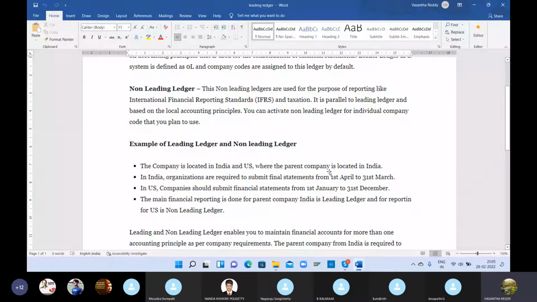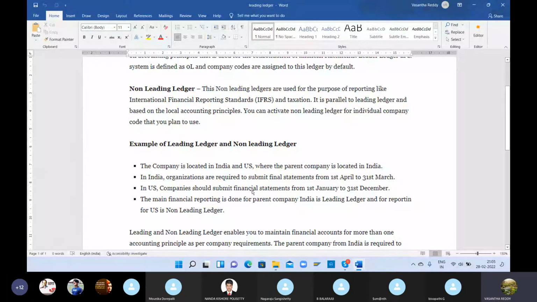In India, organizations are required to submit financial statements from 1st April to 31st March. The parent company, the head office, should maintain financial statements from April 1st to March 31st. In the US, the company should submit financial statements from January 1st to December 31st.